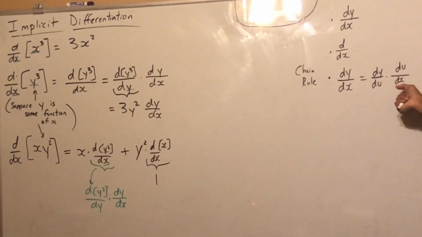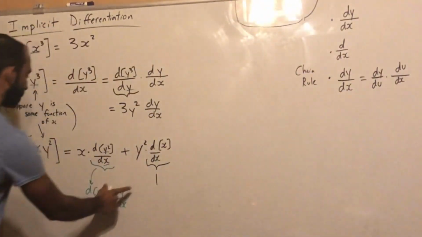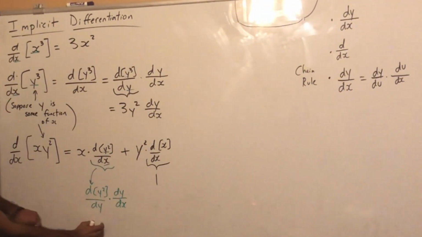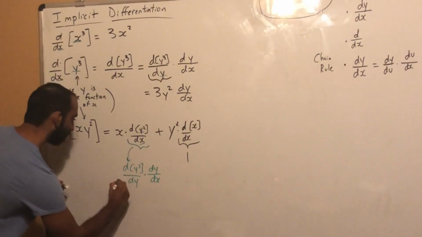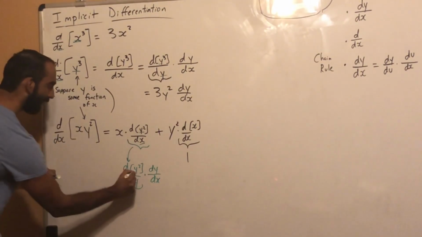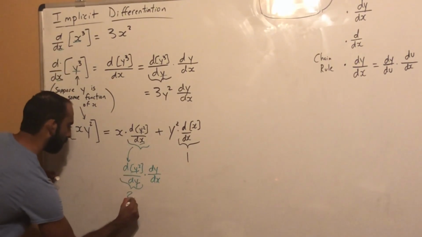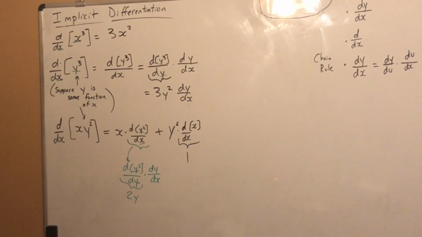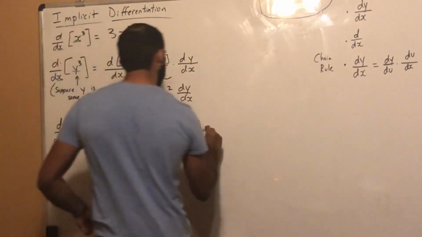In this case, the dy's will offset each other and regenerate what I'm trying to simplify. Does that make sense? Alright, what's the derivative of y squared with respect to y? 2y. Right, they match. And with that, we are done simplifying our derivatives.